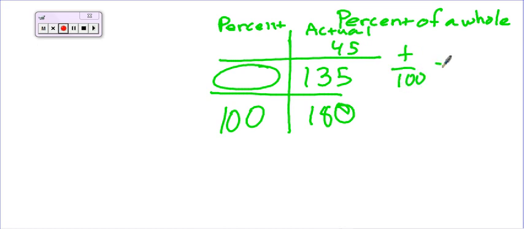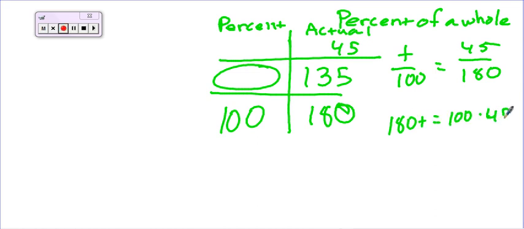So, T over 100 equals 45 over 180. Maybe this way is going to be easier. Maybe it won't be. 180T equals 100 times 45. Okay?